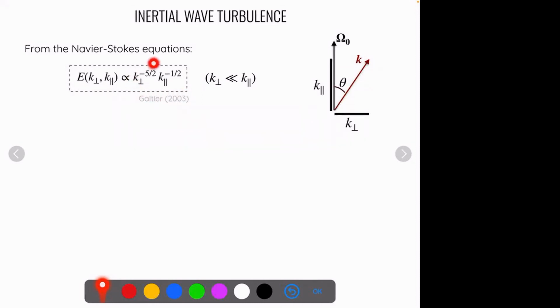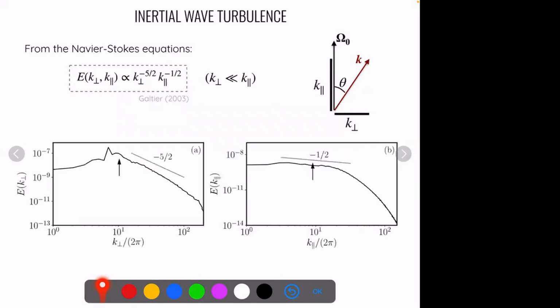So are those exponents found in our simulations? It seems like it is the case. Here I've extracted the k perp and k parallel contributions to the spectrum, and you see the -5/2 slope that was predicted by Galtier, and we sort of see the -1/2 slope here, although it's not entirely convincing.